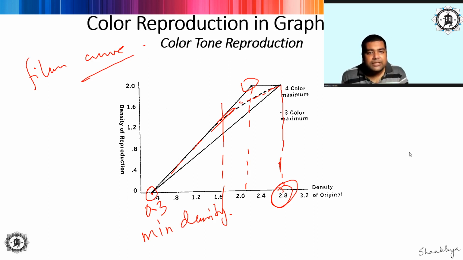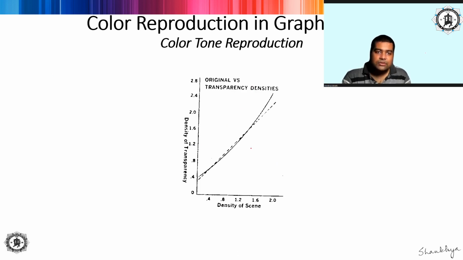The transparency is already a reproduction of the original scene. As you can see in this particular slide that I'm going to show you next, here a density range comparison of the transparency of the image with the density of the scene, that is the original, has been done.